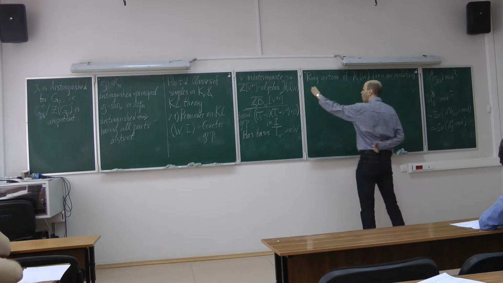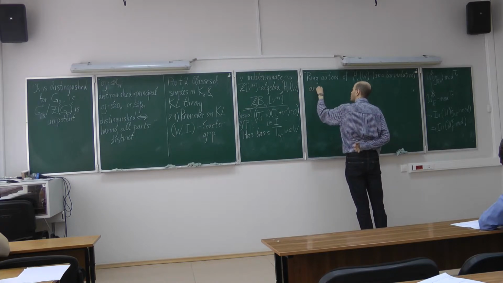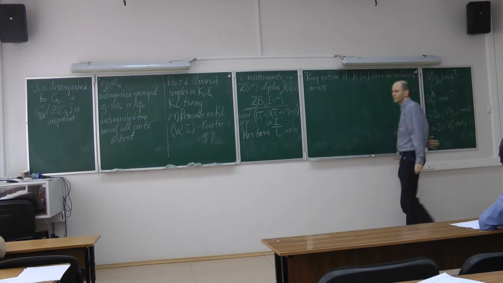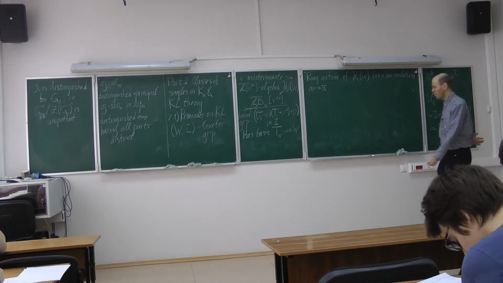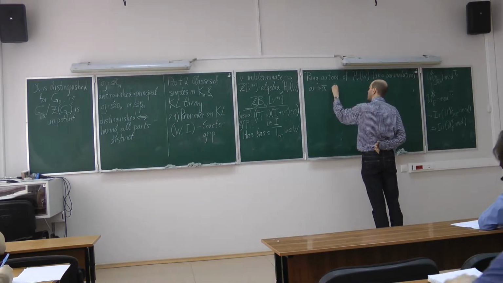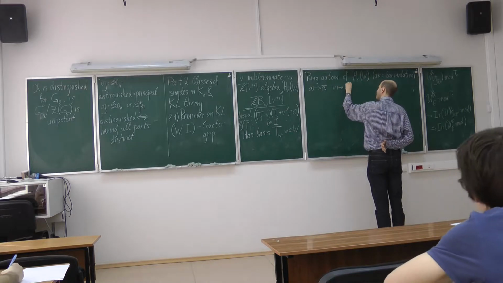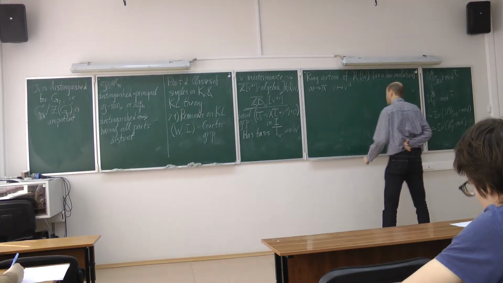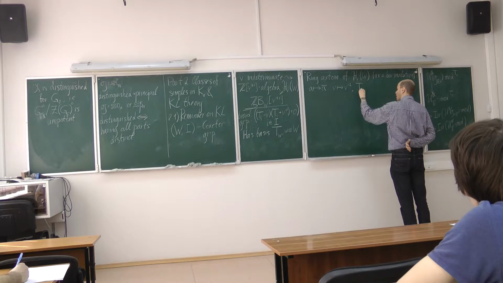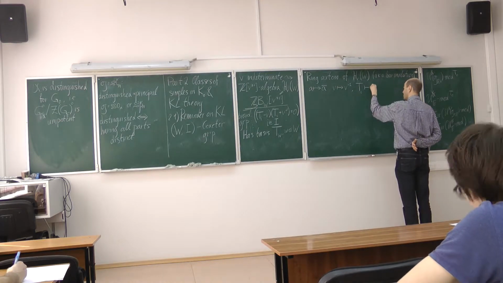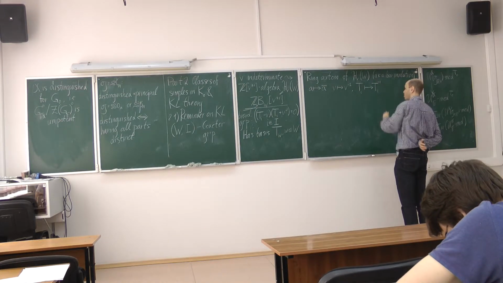Which I'm going to denote by A going to A bar. So what does it do? It sends V to V minus 1, V to the power minus 1, and it sends Ti to Ti to the power minus 1.